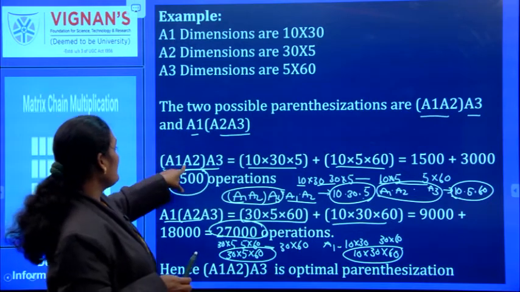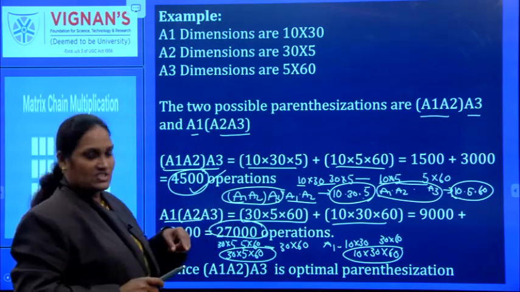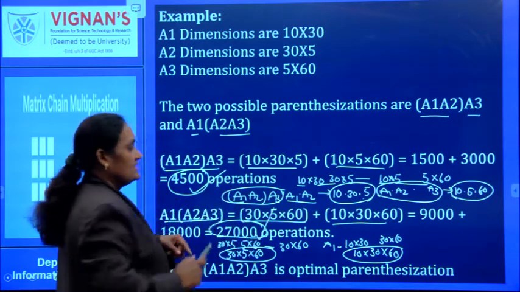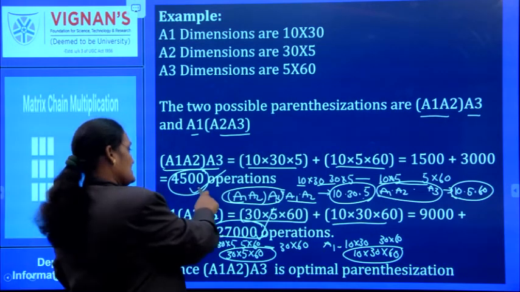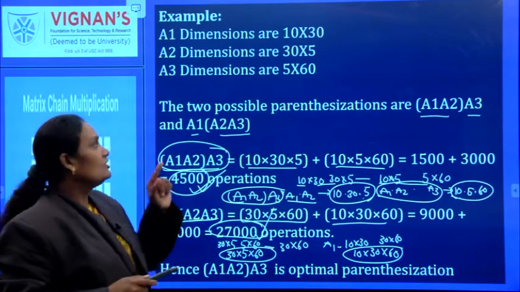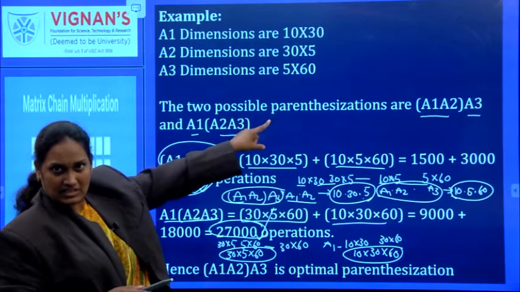So this parenthization requires 4,500 multiplications. This parenthization requires 27,000 multiplications. Which is less? This one is less. So this is the optimal parenthization to multiply these three matrices with the given dimensions.